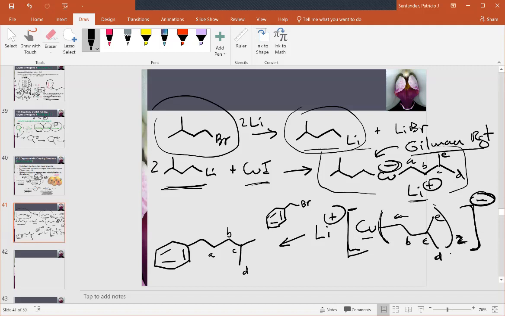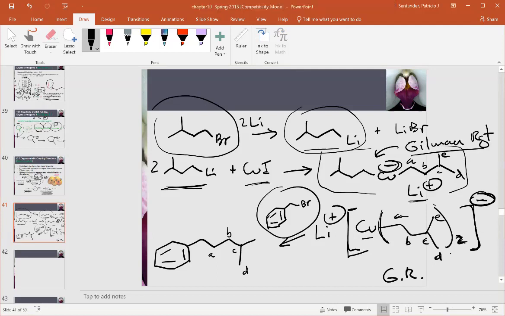And then once you have formed your so-called Gilman reagent, now you can react that with any other alkyl halide or aryl halide, and whatever was in the parentheses here will get attached and will replace the group that you had attached to the halogen in that alkyl halide.